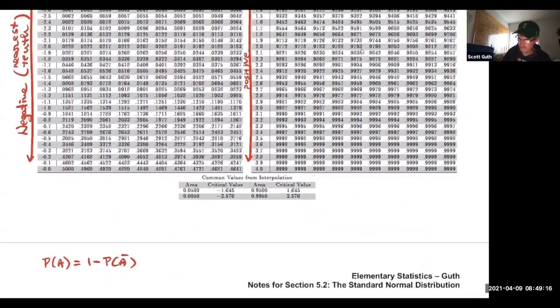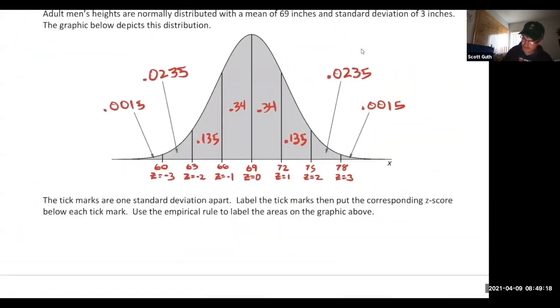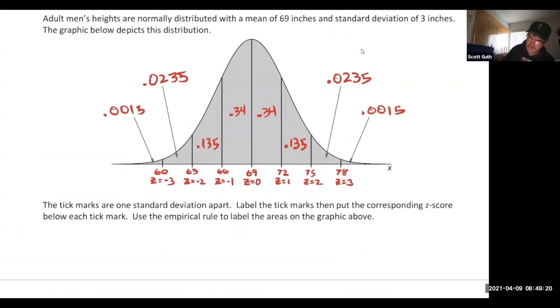So let me go back to this picture again. When you're doing z-scores, on this one, 69 is the average. So its z-score is 0, and the mean of z-scores is 0. If you go one standard deviation above average, the z-score will always be 1, and the standard deviation of z-scores is always 1. 2 standard deviations above average, z is always 2.